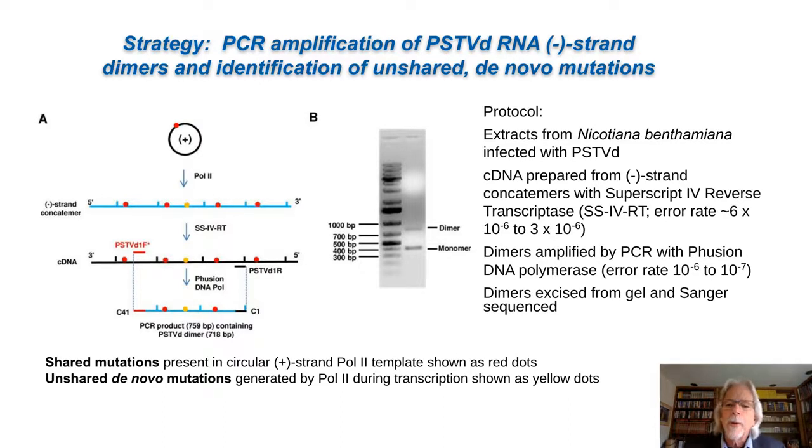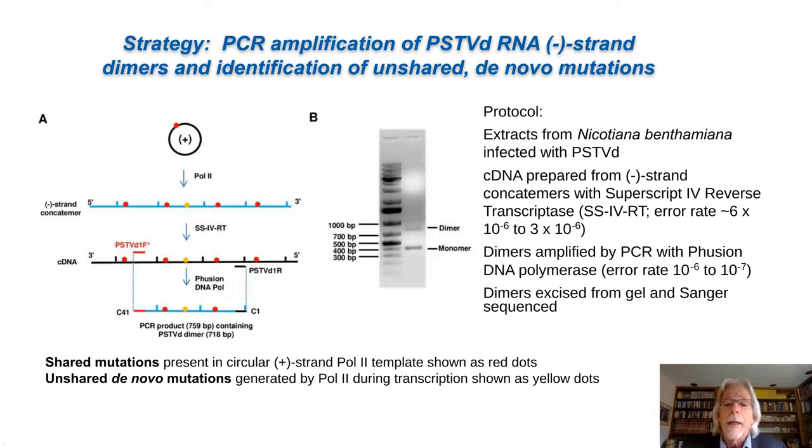And the protocol is pretty straightforward. Extracts from Nicotiana benthamiana plants, this is a model tobacco that we use as a host, were infected with PSTVd. cDNA was prepared from the minus strand concatemers using a reverse transcriptase with a low error rate, and dimers were amplified from that cDNA by PCR using a very low error rate polymerase for that purpose.